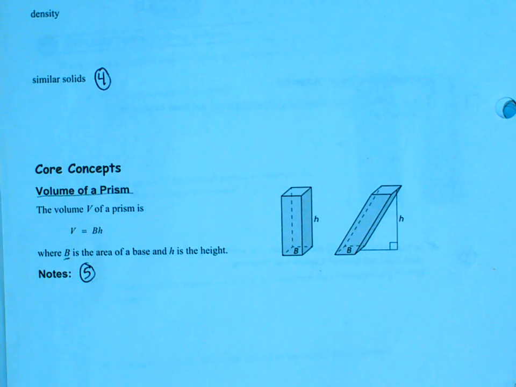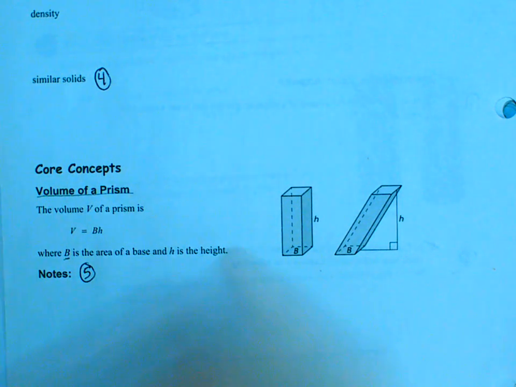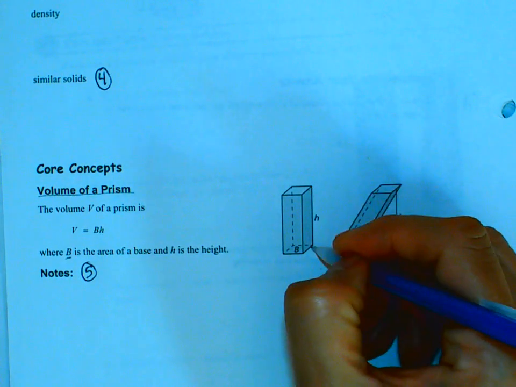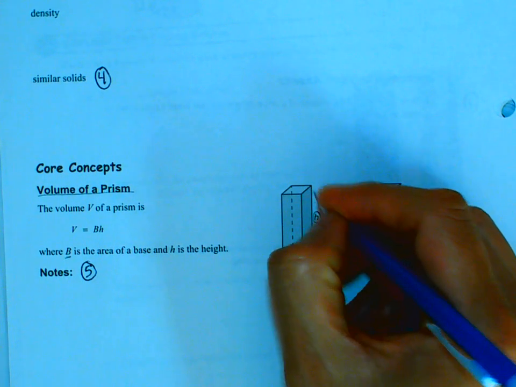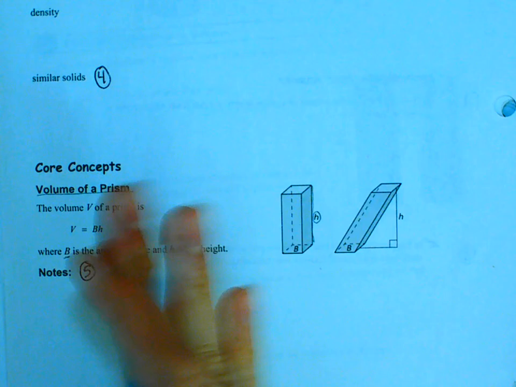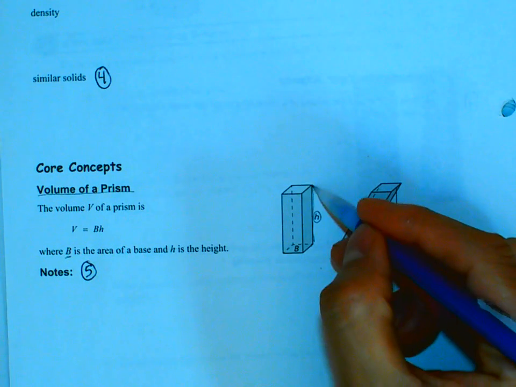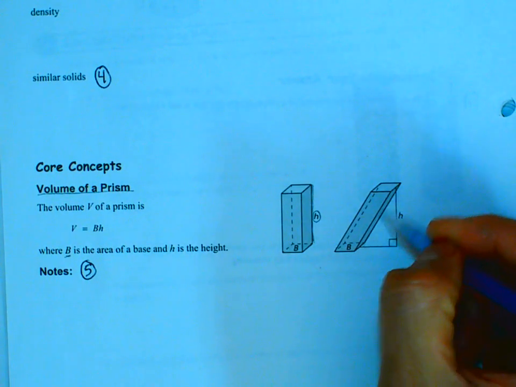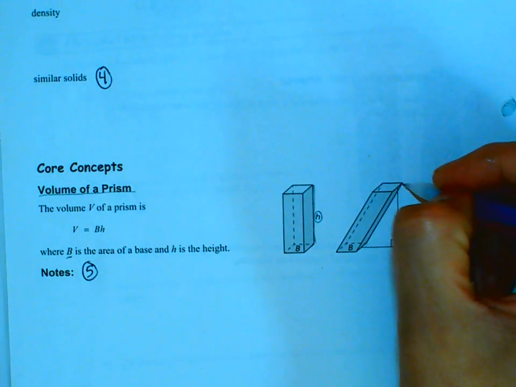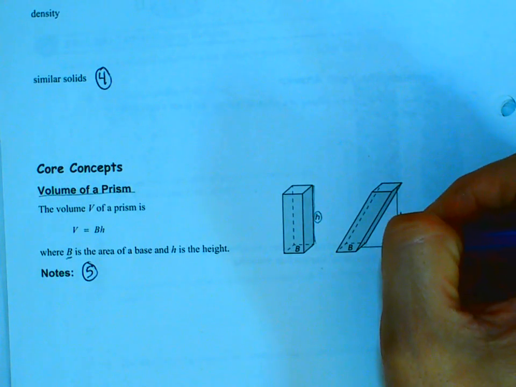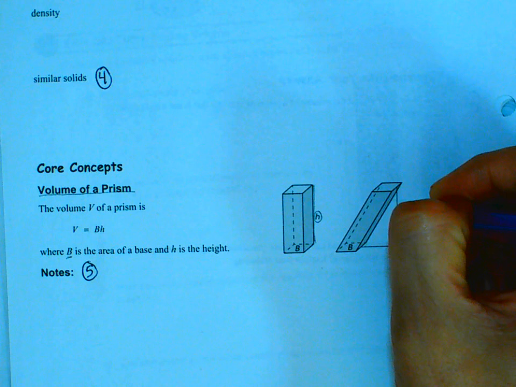But one of the things you have to be really careful about is that the height of this prism, because it's a right prism, is this distance right here. But when you tilt it, this length is now a slant height. It is no longer the altitude of the prism. So the distance from here to here is going to be the new height.